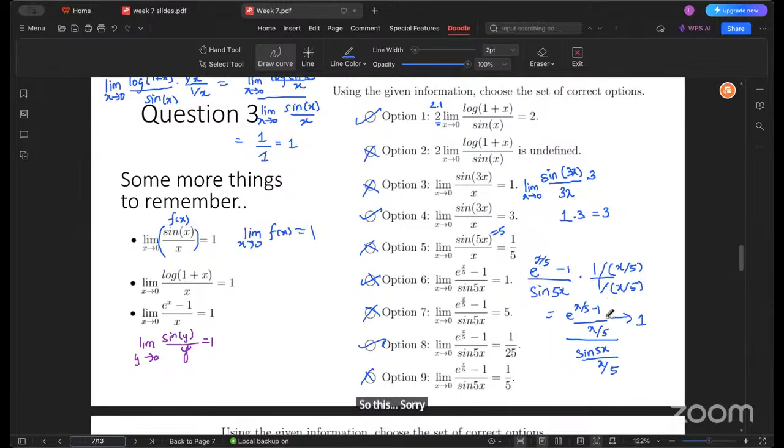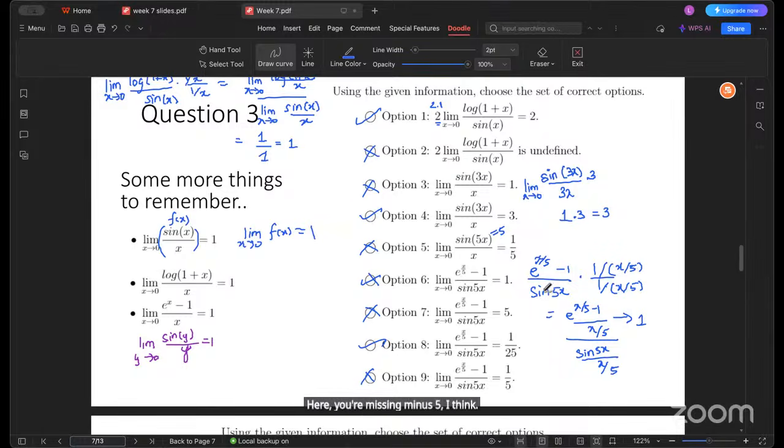I think you are missing a minus 1. Sorry, what? By dividing 1 divided by x by 5. Tanmay, please mute yourself. Here you are missing minus 5, I think.